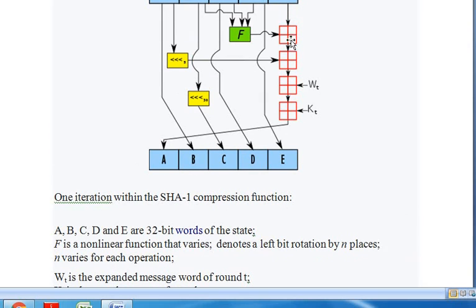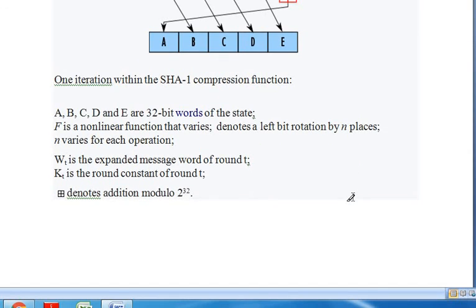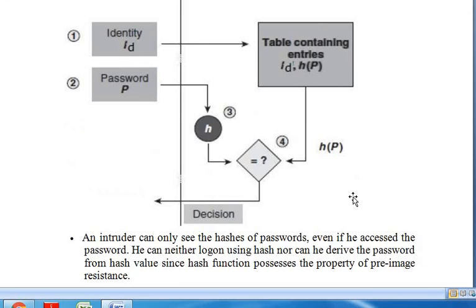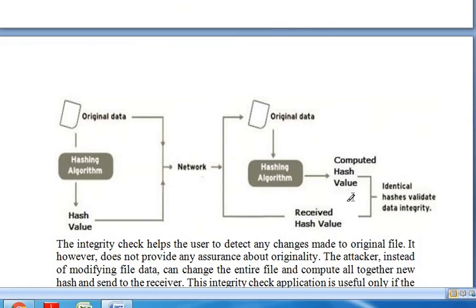This symbol explains the modulo operation, modulo 2 power 32. So this is about the check applications.